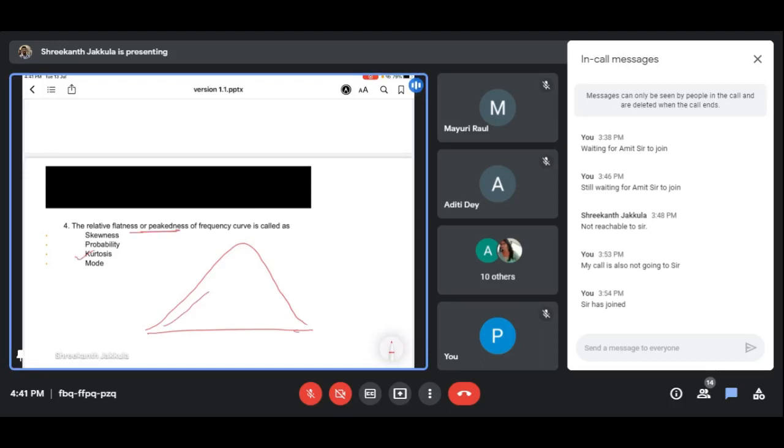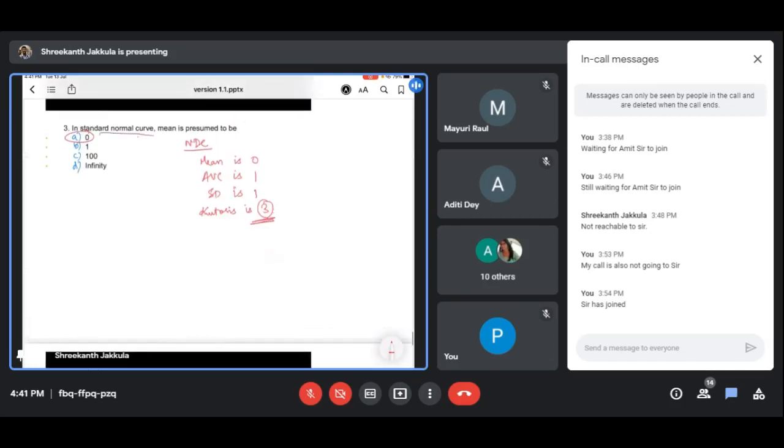There are three types of kurtosis: one is platy, another is meso, and the last one is lepto. For meso, the kurtosis level is 3. For lepto, it is more than 3. For platy, it is less than 3. These are theoretical things you have to know. So this is equal to 3, that is what I said, it is under the normal standard curve.